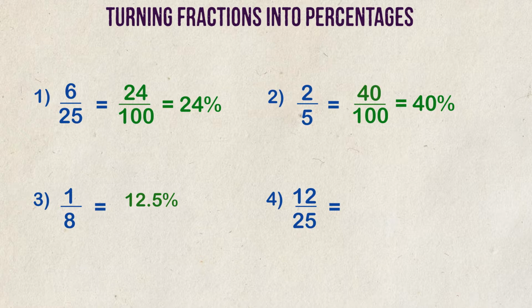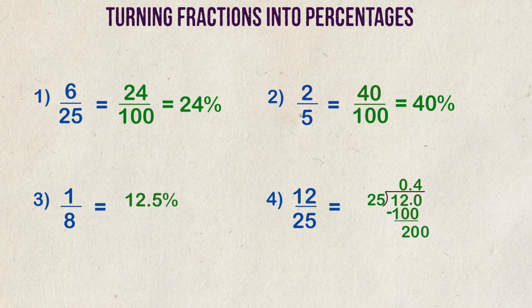Change 12 over 25 to a percent. Let's set the problem up the same way as before. We divide 12 by 25. We know that 25 cannot go into 12, so we add our decimals, add another 0, and then divide 25 into 120. 25 times 4 is 100, so let's put down 4 up top. We subtract 100 from 120, and that leaves us with a remainder of 20.